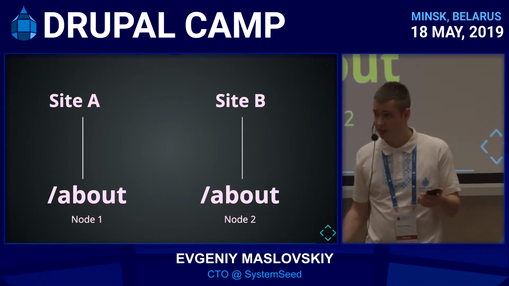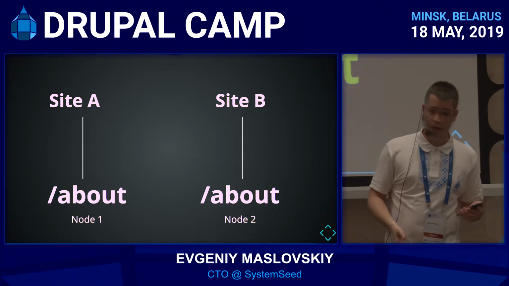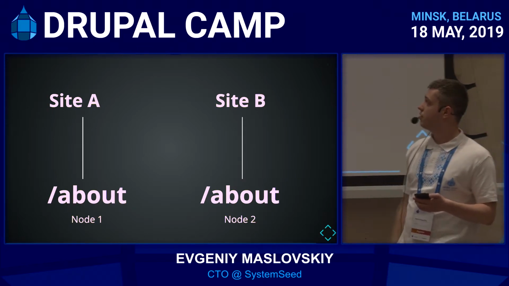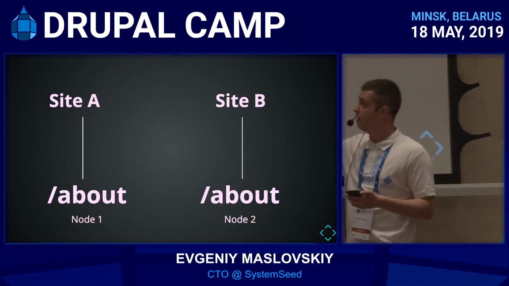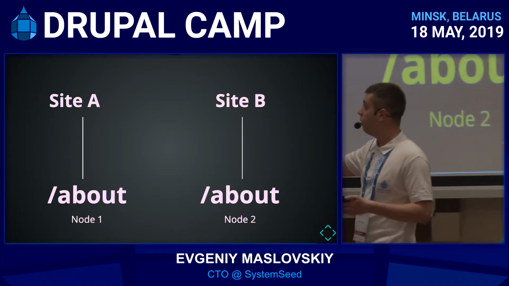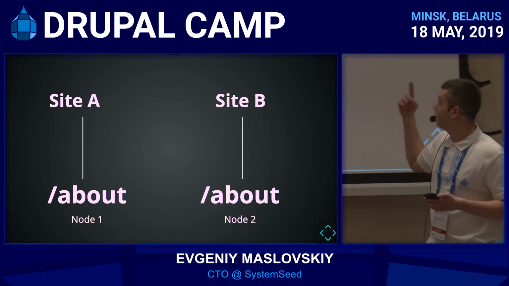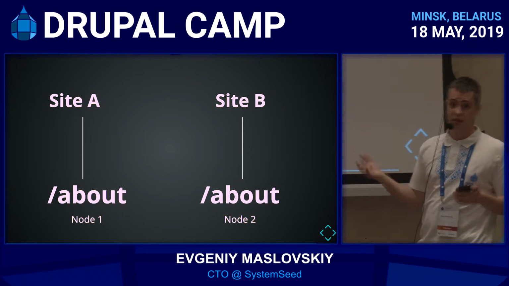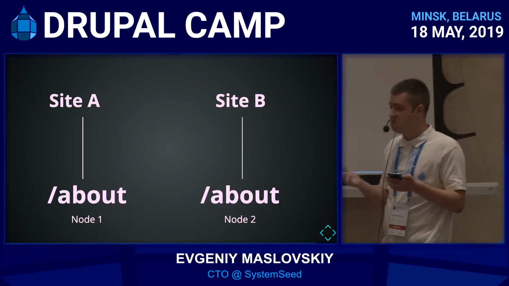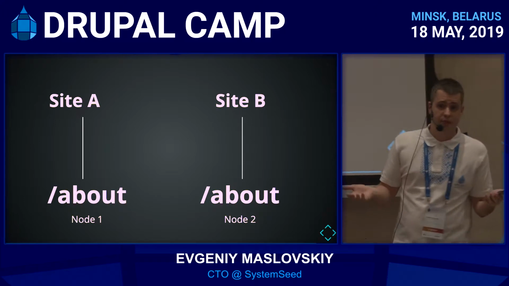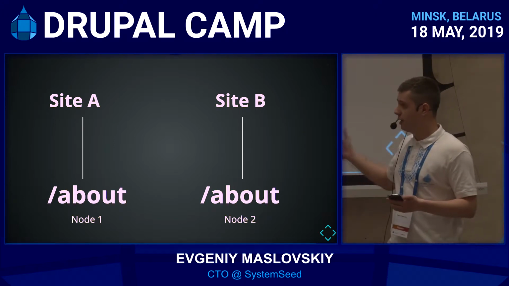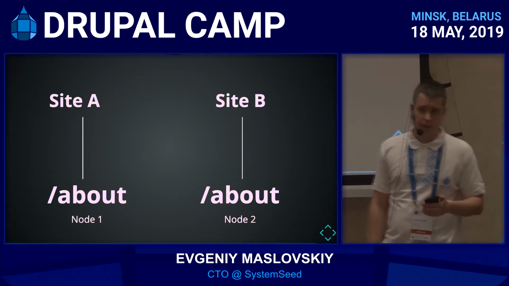And it follows the redirects. It works flawlessly well. But what if you want to have this scenario? Site A might want to have the about page, which is one piece of content, one node. And site B at the same time wants the same URL, because an /about page is kind of normal to have on every website, or /contact, for instance, but it needs to serve different content.